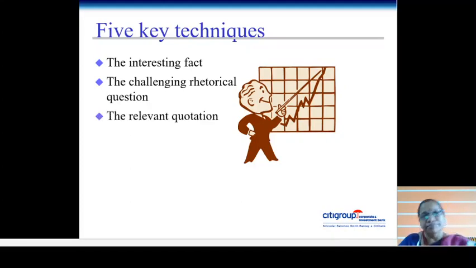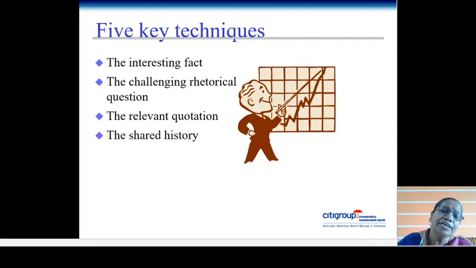Relevant quotation. It is no doubt very important to use a relevant quotation according to your topic, as it is related to your topic. So use quotations in between.